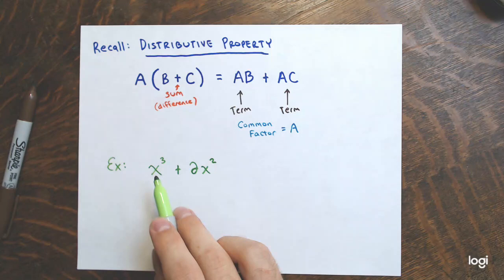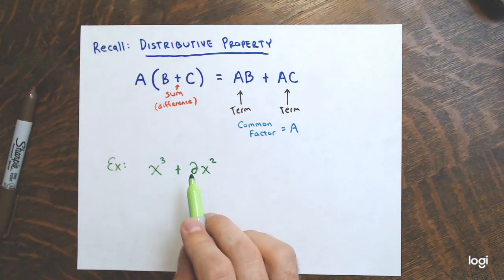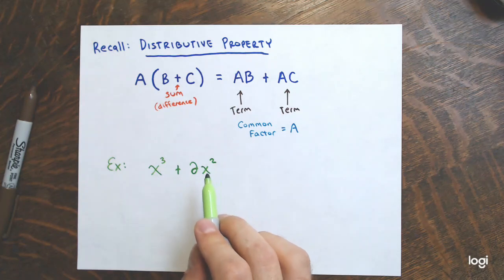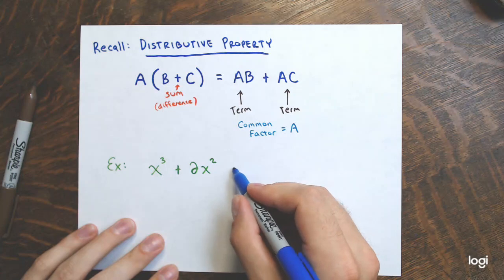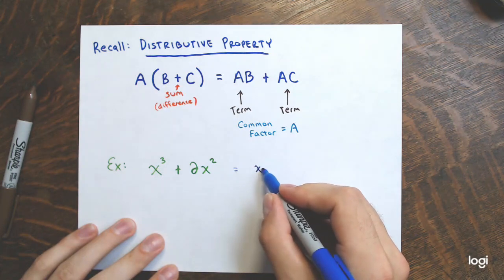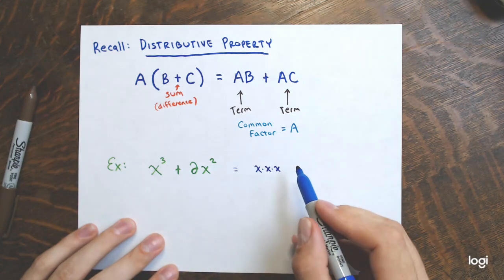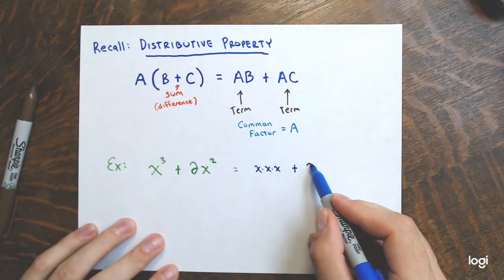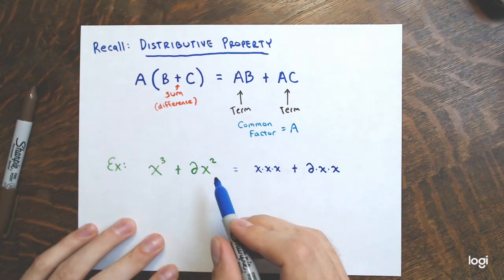This is its own product, plus, and then this is another term, a product, 2 times x squared. So when you were looking for common factors, now if you wanted to, you could write this out as x times x times x, what it meant to be x to the third, plus 2 times x times x, what it meant to be x squared.